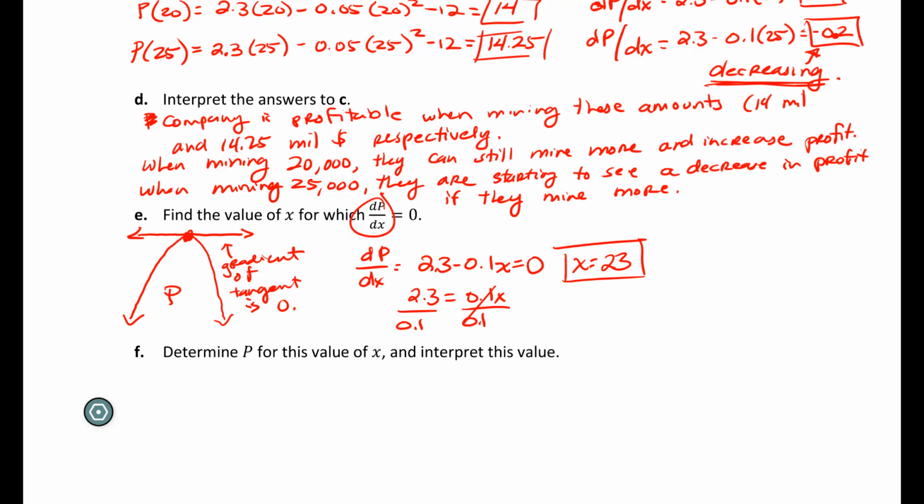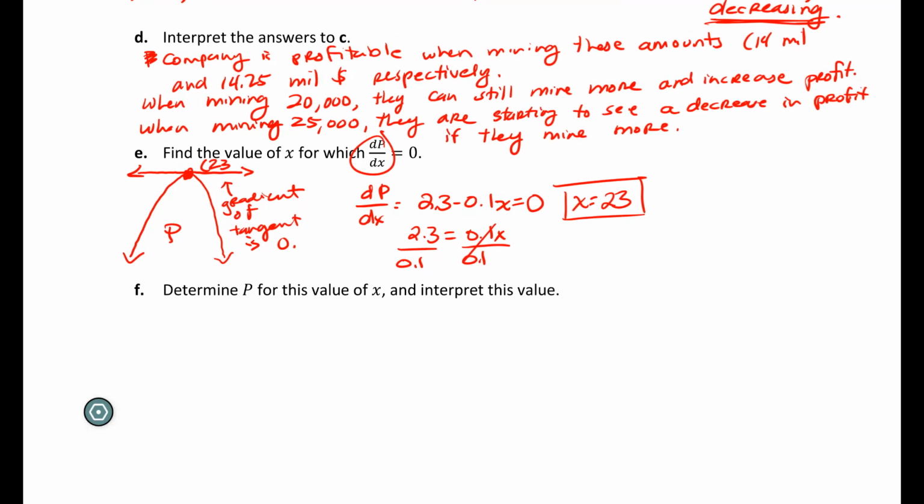So what does that tell us? Well, this tells us the maximum x coordinate is 23. Okay, but that doesn't tell us what the profit is at that point. That's what we want to find in part F. Determine p for this value of x, so that's going to be p of 23. And since I know I'm looking at p, that means I'm looking at the original function, which was 2.3 times x minus 0.5 times x squared minus 12.